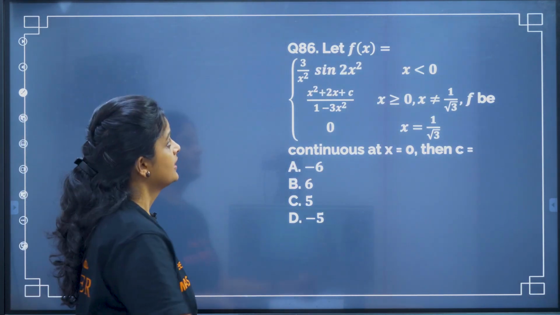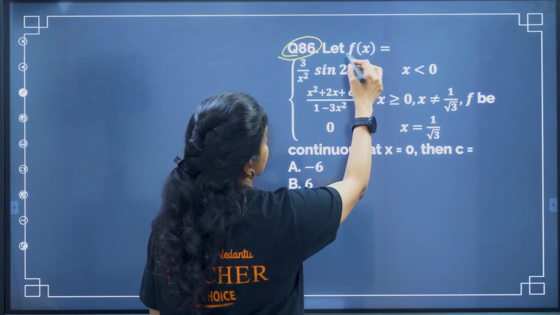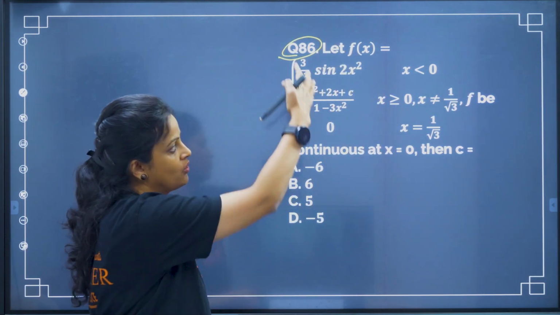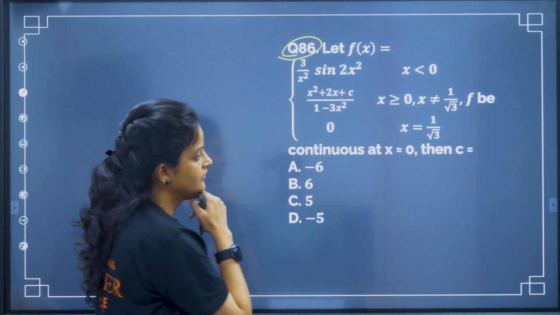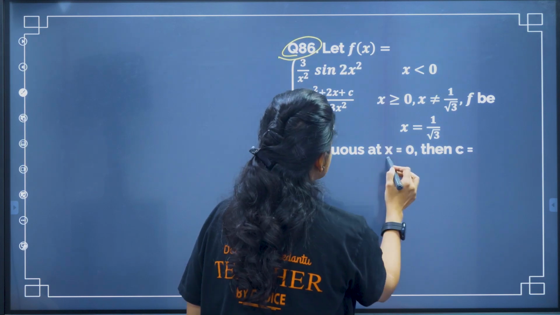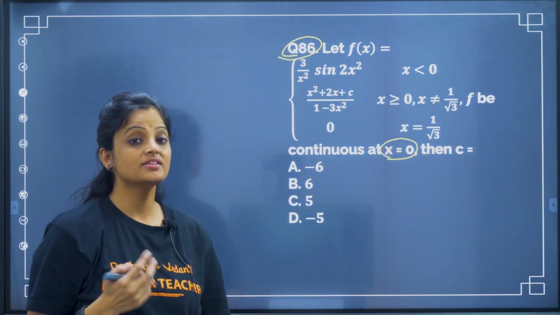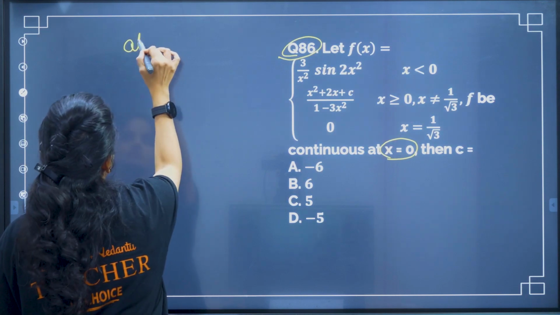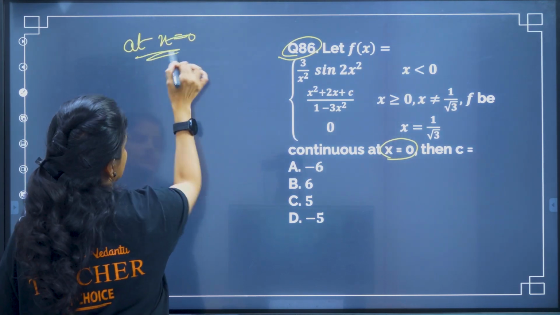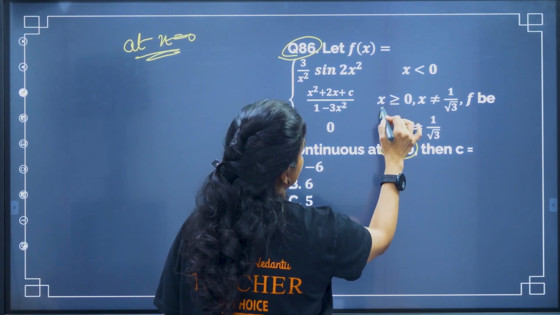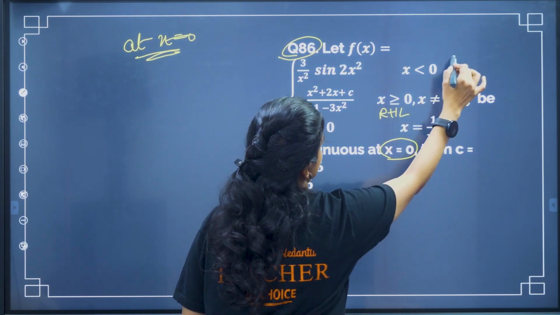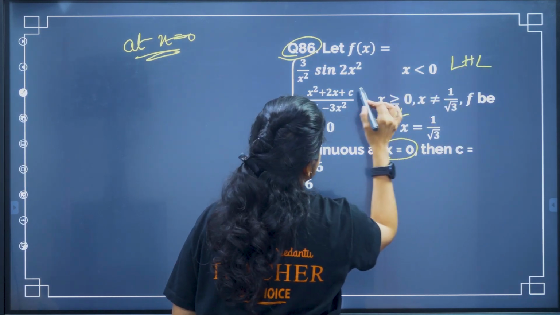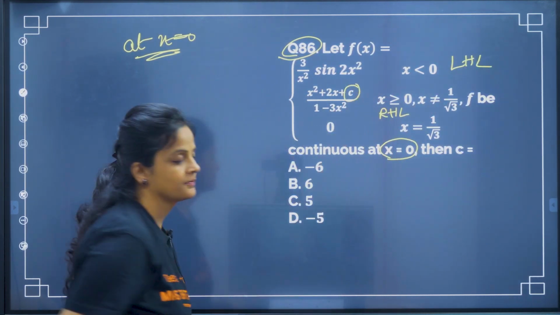Continuity problem. 86th question. f of x is given so and so according to the values they have given, and f is continuous at x equal to 0. Then what is the value of c? Okay, at x equal to 0 is what we are checking here. Greater than we are using for RHL, less than we are using for LHL, and c is sitting here.